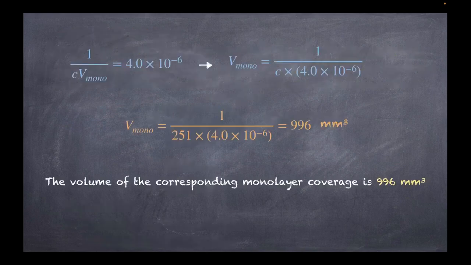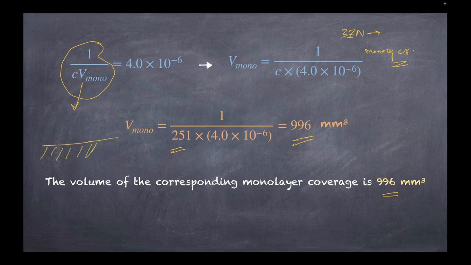Now for a side note, BET is basically a multilayer adsorption process, and Langmuir is basically a monolayer adsorption process. For BET, let's say this is the solid surface, and there are gas molecules.